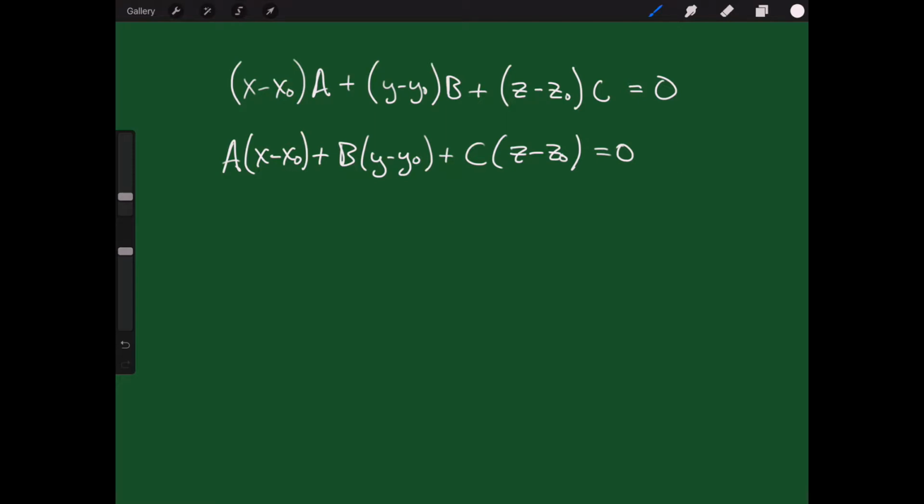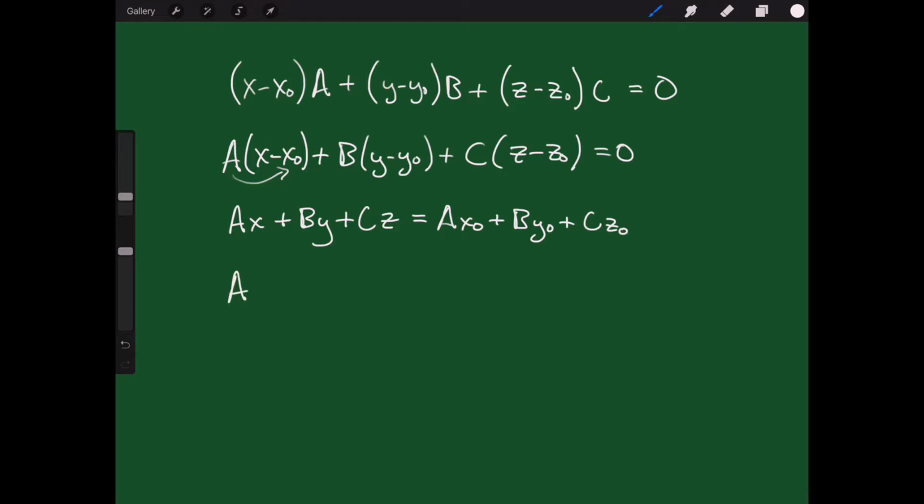But I could also multiply through by a and b and c and distribute those, and I'd get something like this: ax plus by plus cz, but then all of these others, a times negative x0, I could move to the other side, and I get a x sub 0, plus b y sub 0, plus c z sub 0.